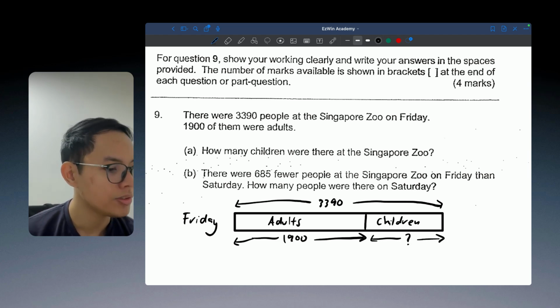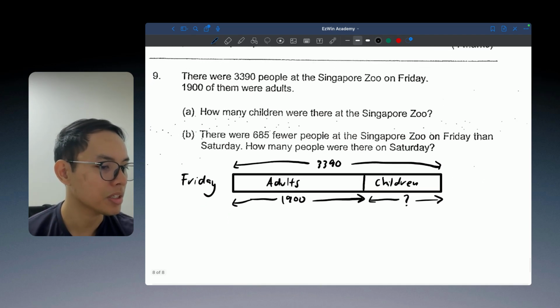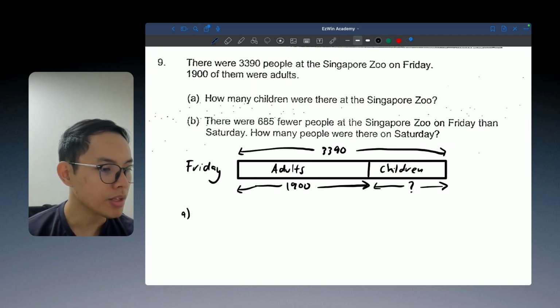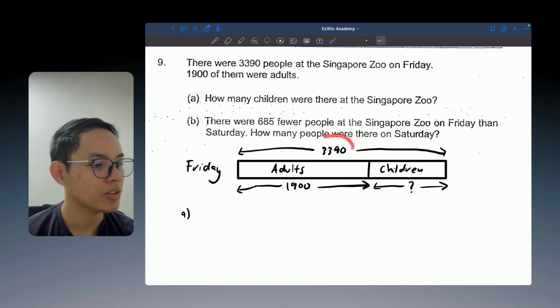Okay, so essentially what you can do for question A, you can put question A over here, is we get the children. How do we do it? We get the total number of people minus the adults.